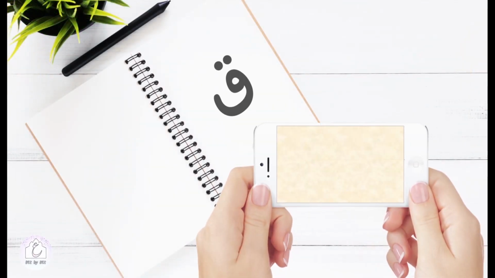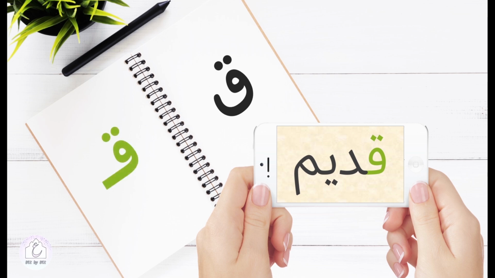Let's see now some examples to check these different positions. In the initial position, cough had the semicircle transformed into a straight line, paving the way for the following letter.